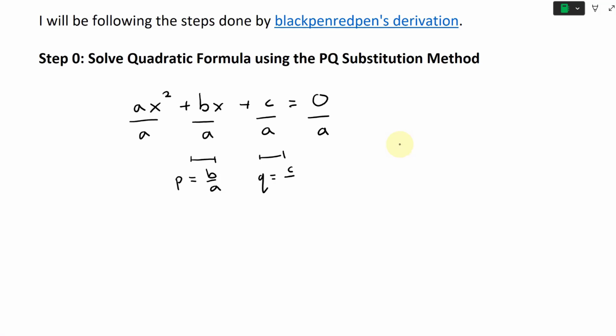So we now get x squared plus px plus q equals 0. Now this is just a parabola.